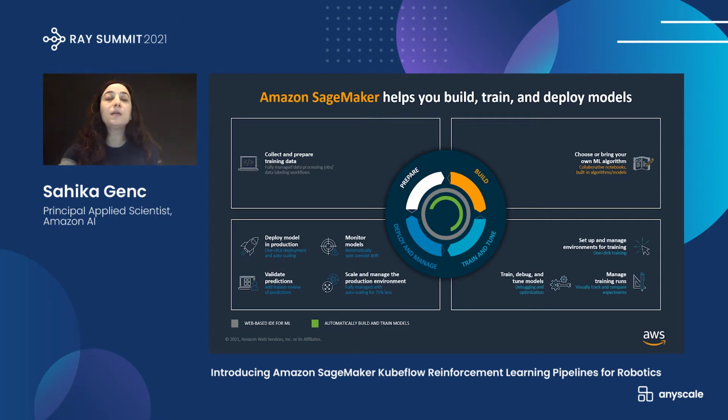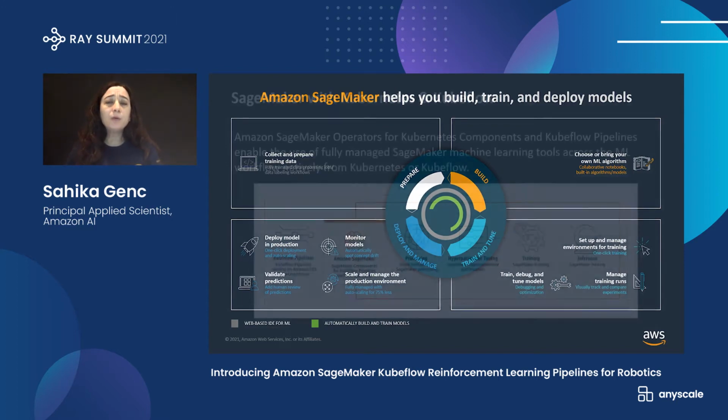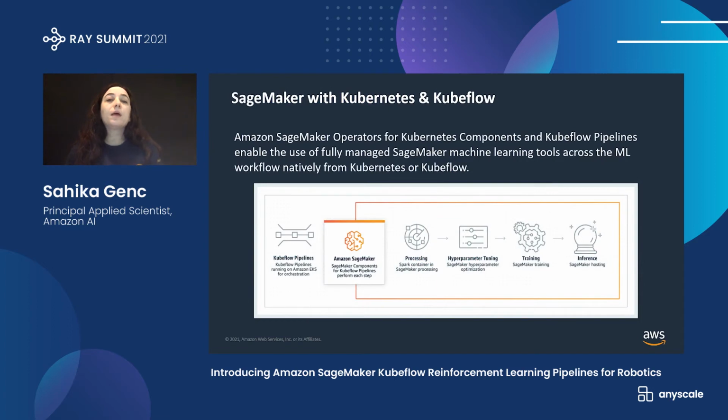So now let's take a look at how you can take a step back and orchestrate all the components of SageMaker, from collecting data to building the models, training them, tuning, and then finally deploying them using Kubeflow.